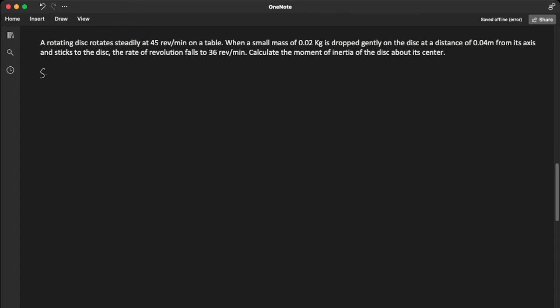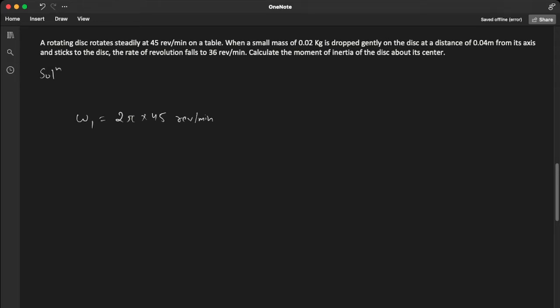Okay, so here, given is that at the initial condition the disc is rotating at the speed of 2 pi into 45 revolutions per minute. This 2 pi is needed because the rotation speed is in revolutions per minute, so to convert it to radian per minute, we need to multiply with 2 pi.